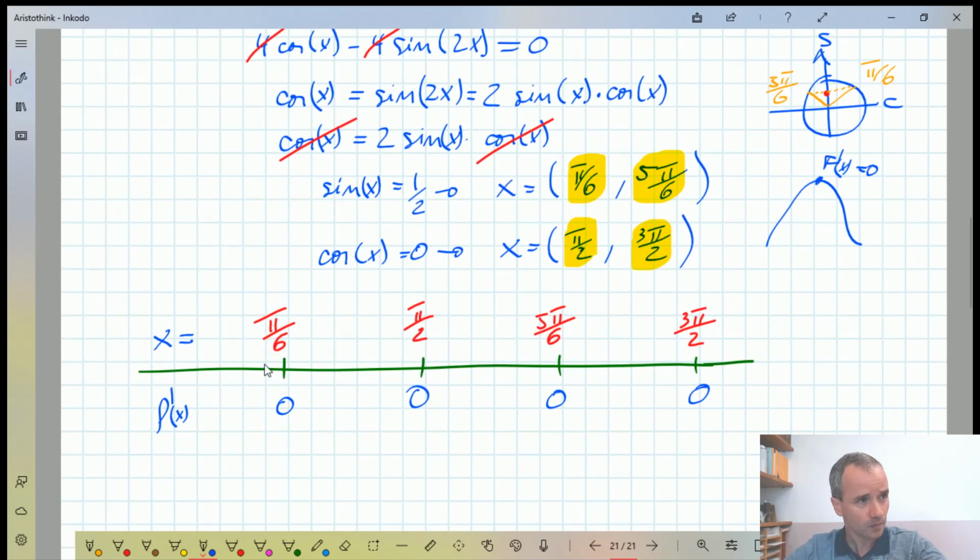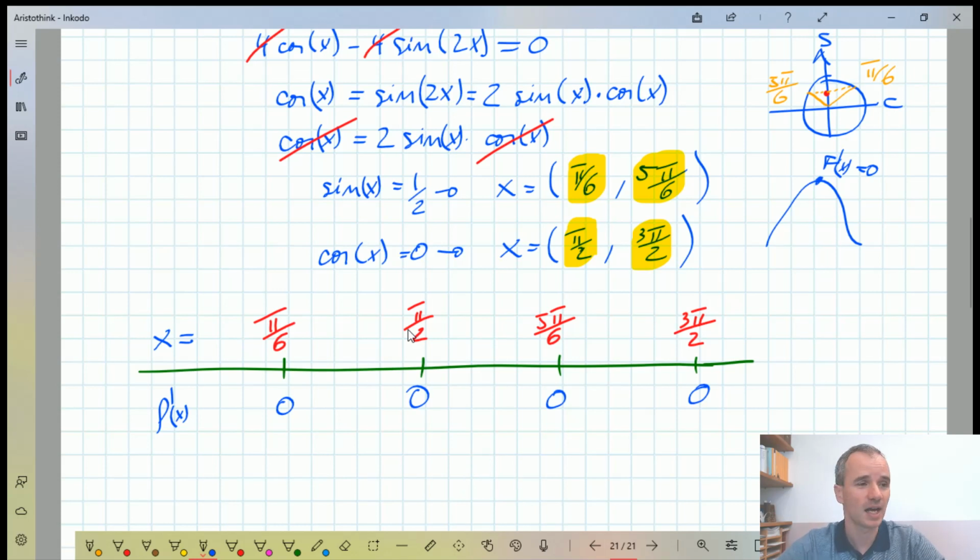We are studying the behavior of our derivative between those points, because at those points it's 0 for certain. But is it going to be up or down?